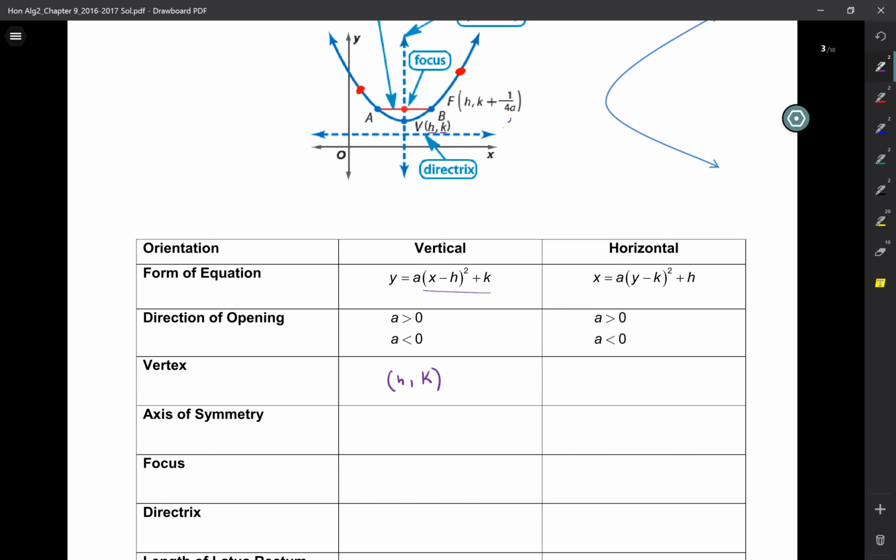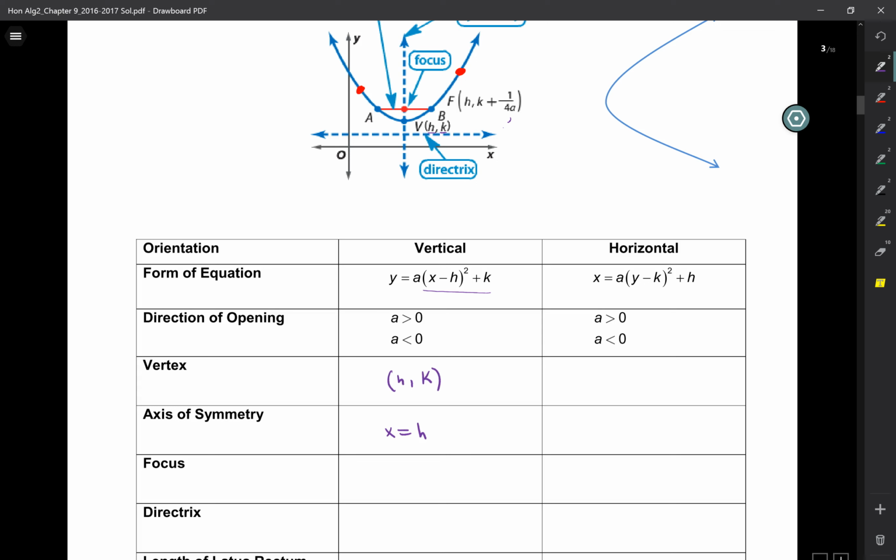If the parabola is opening vertically, then the axis is always vertical. It hits the x-axis here, so the equation for it is x equals a number, and it's x equals the x-coordinate of the vertex, which is h.